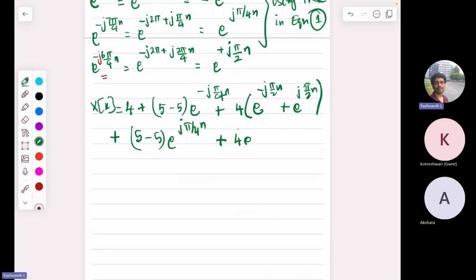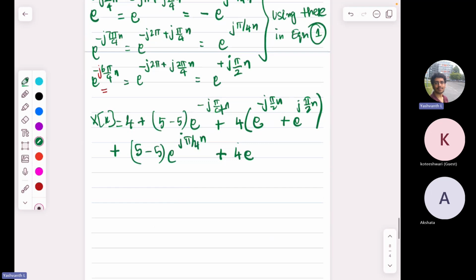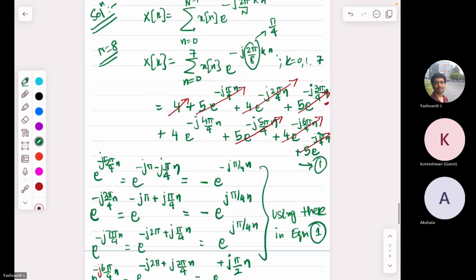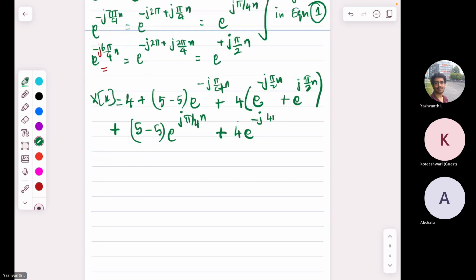4 into e power minus j 4 pi by 4n. So basically again this is nothing but 4, and this is 0.